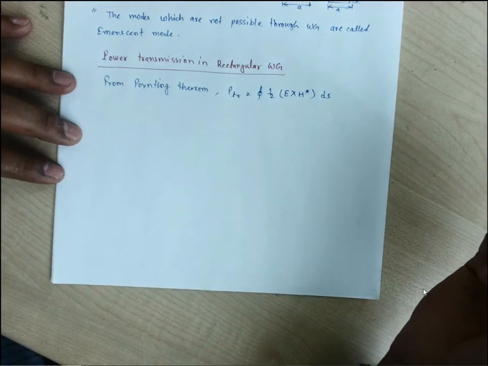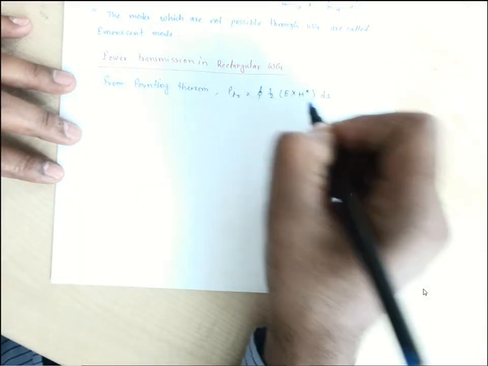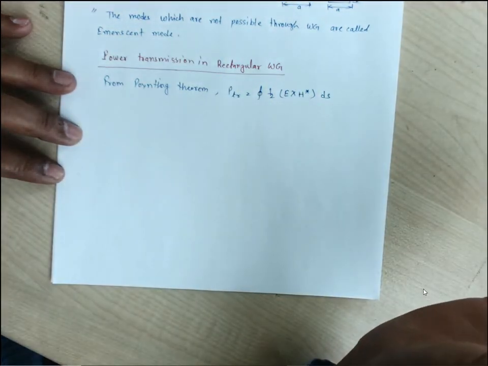Now for a lossless dielectric, if the dielectric filled inside this waveguide is lossless, then the time average power flow through the rectangular waveguide we can find by simply taking V square by R, whatever the power we can assume for any circuit.